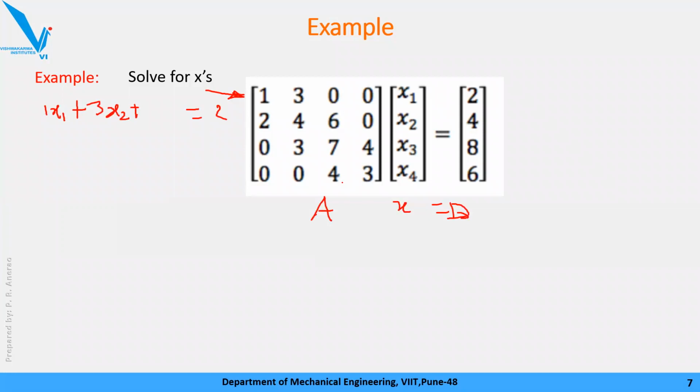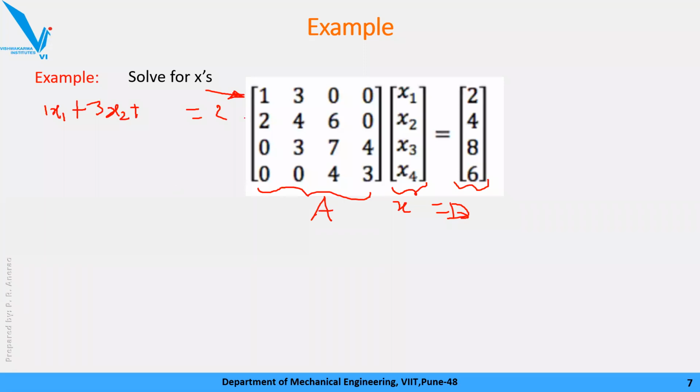A consists of your coefficients, X is your unknown vector, and the last one, D, is a vector collecting the constant terms. So rewrite the given set of equations in the AX equal to D matrix format.